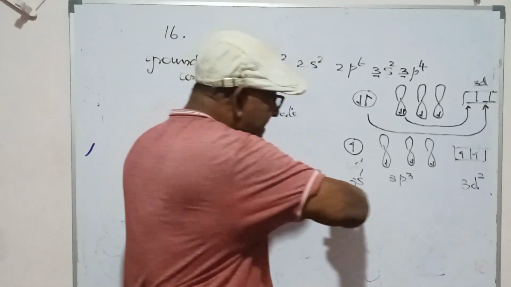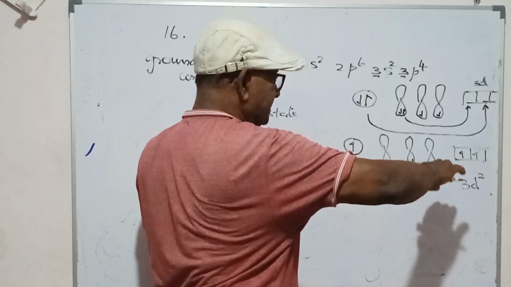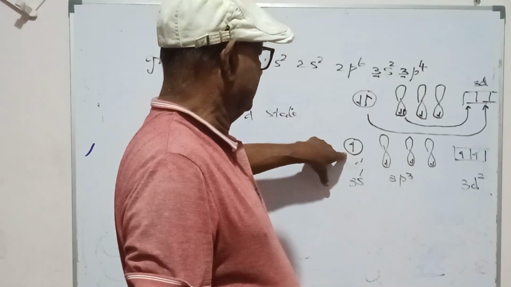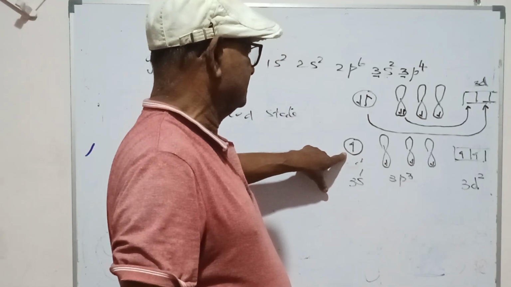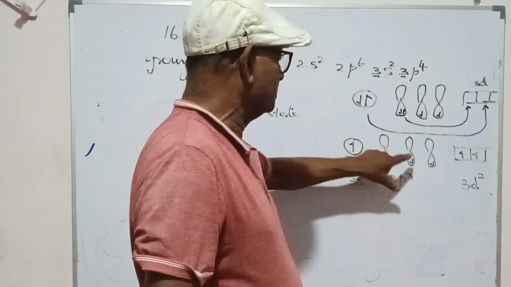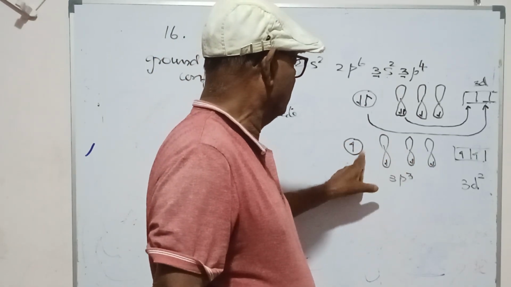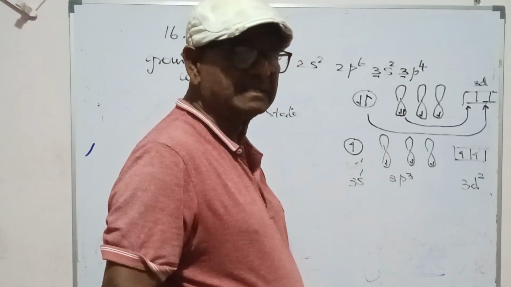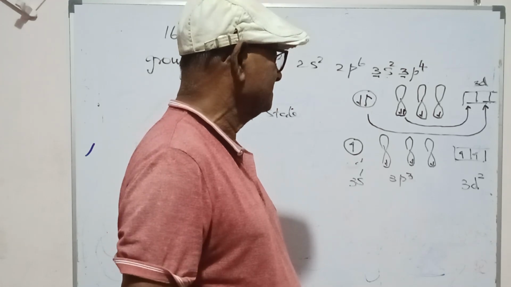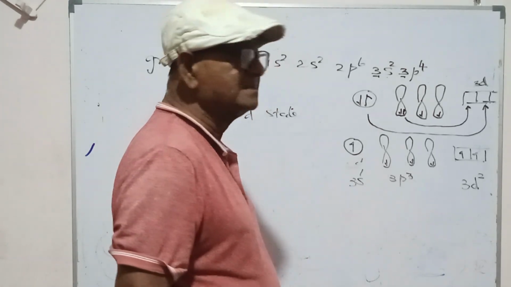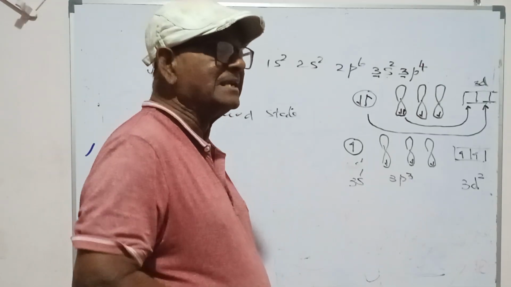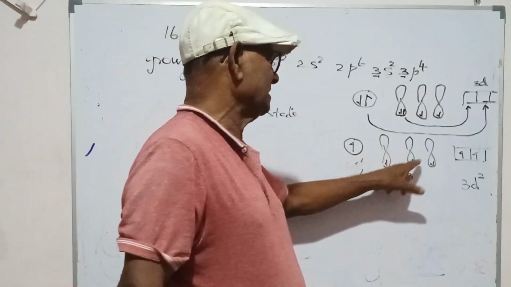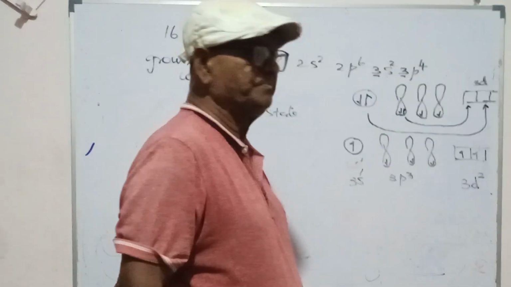Then at the third energy level, after the excitation, there are 1, 2, 3, 4, 5, 6 orbitals with 1 electron in each: 3s1, 3p3 and 3d2.